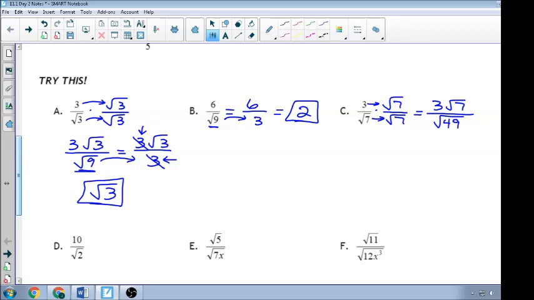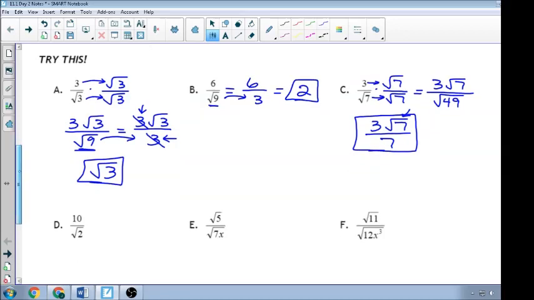There's nothing I can do with my numerator, so I'm going to keep that as 3 root 7. The square root of 49 is 7. I cannot simplify the 7 that's inside the square root here and the 7 in the denominator. Those cannot be simplified because the 7 in the numerator is inside of a square root and the 7 in the denominator is not. So that is just my final answer.